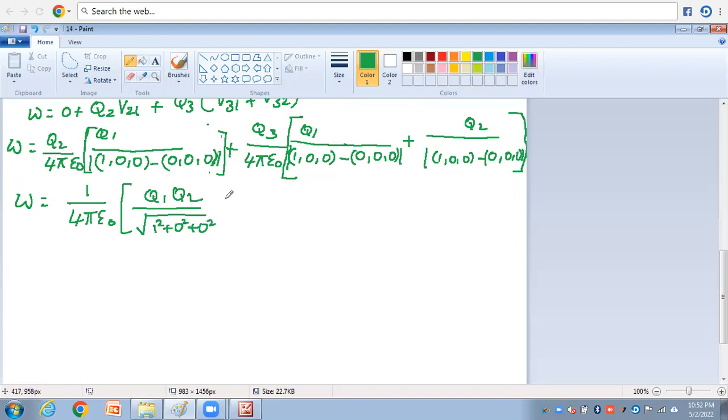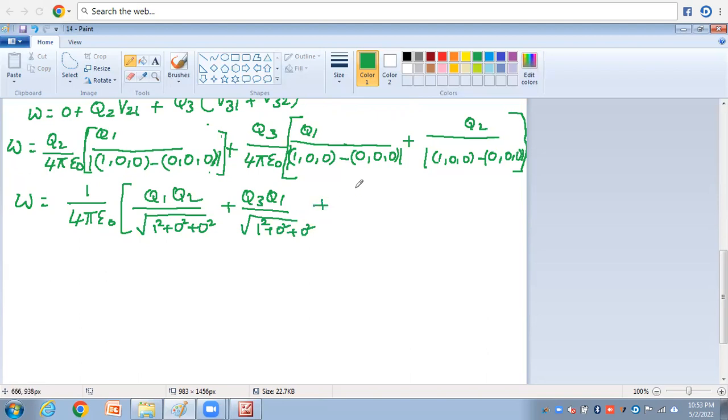No need for further extension. Okay, then I will take another one plus Q3, Q1, same phenomena. Root over 1 square plus 0 square plus 0 square.